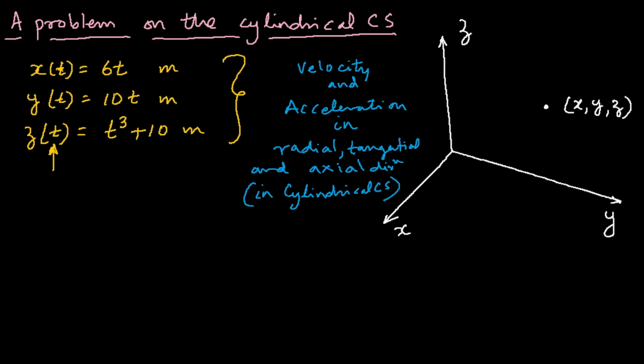It means if this point is joined like this and you take the projection here, this is your R. This is the direction of eR, perpendicular to this is eθ, and in this direction it's eZ.